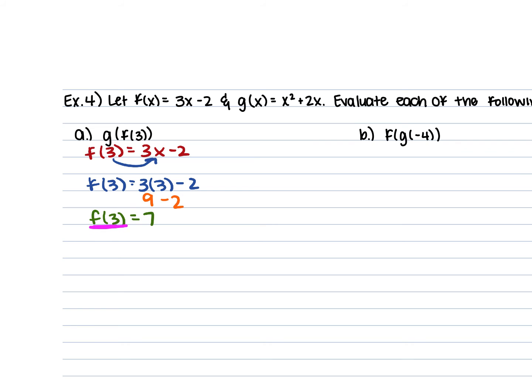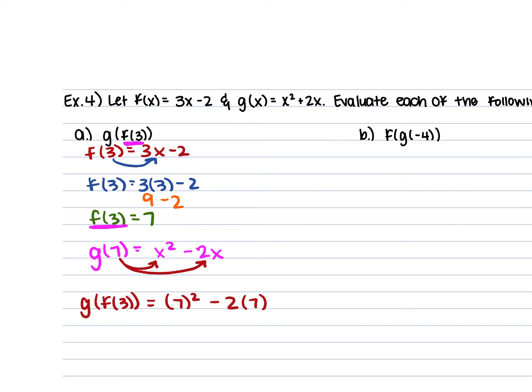Now that we have what f of 3 is, we're going to find g of that. So that's g of 7. So anywhere we have an x in g of x, we're going to plug in that 7. So the 7 goes in for the x in the x squared, as well as the x in the 2x. So g of f of 3, or g of 7, is equal to 7 squared plus 2 times 7.